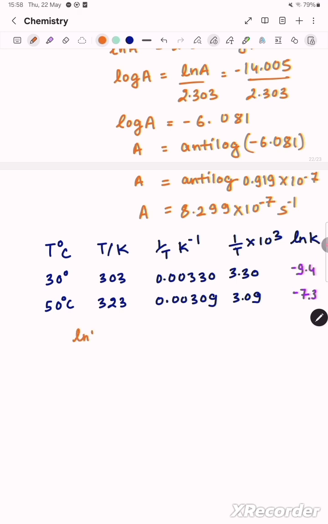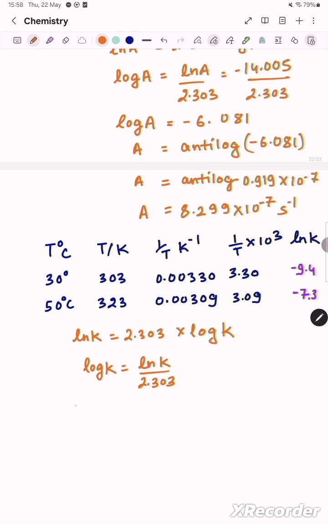Now we know that ln k is equal to 2.303 multiplied by log k, as we have read. So log k value is calculated by ln k divided by 2.303.